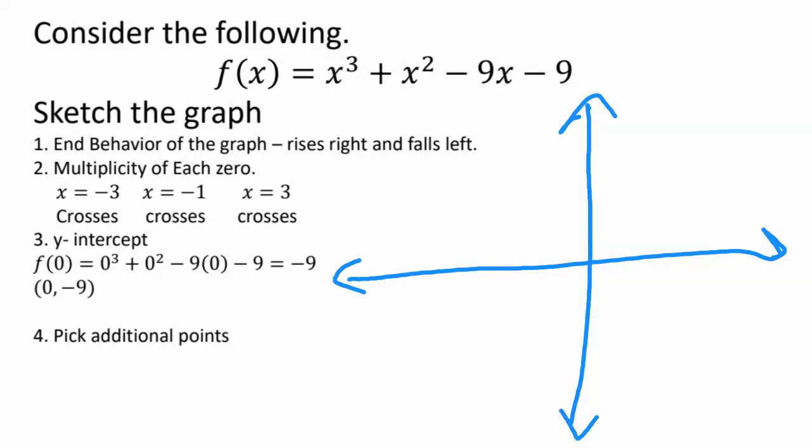Okay, so let me just emphasize something here really quick. So we have -3 is right here, and then we have 3. And then our intercept was at -9, so I'm just gonna make the -9 here.